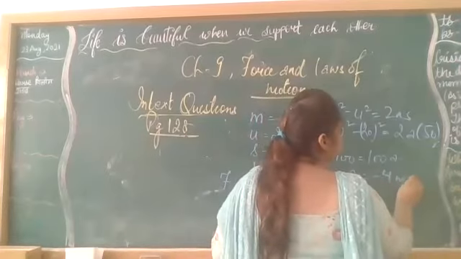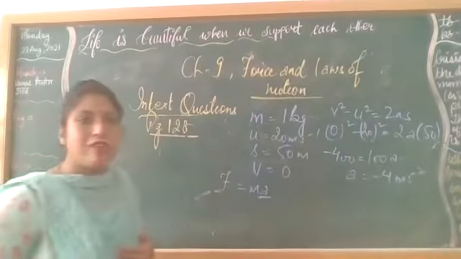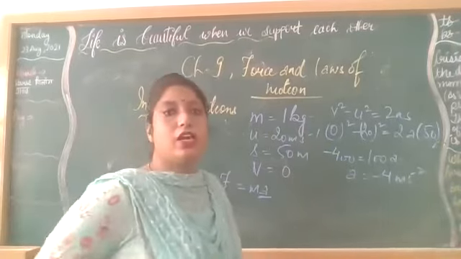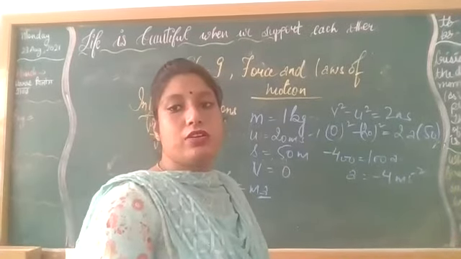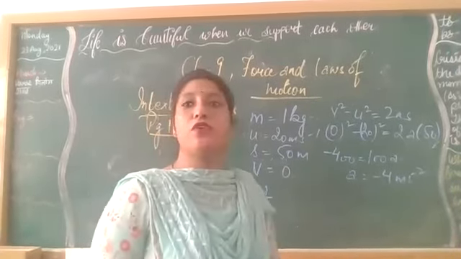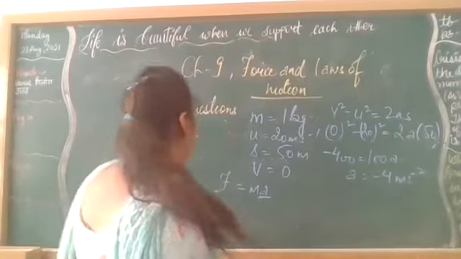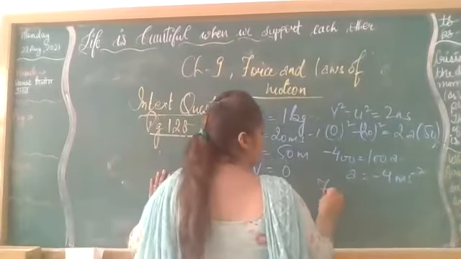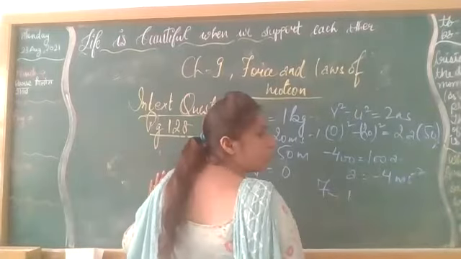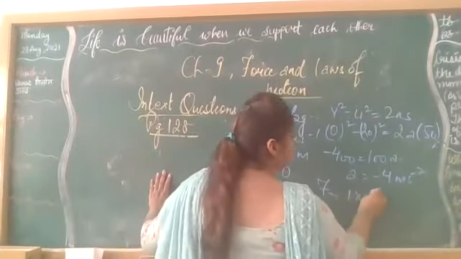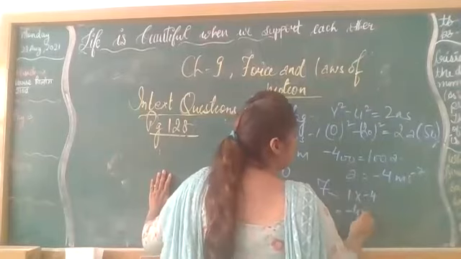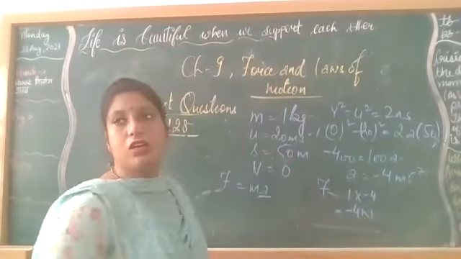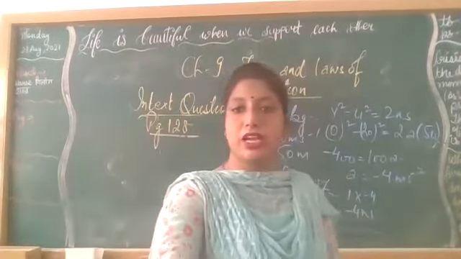Minus 4 meters per second square. What will be the value for force here? What was the mass? 1. And what is the acceleration here? Minus 4. So the force will be minus 4 Newton. Okay, so we will continue next time. Thank you so much.